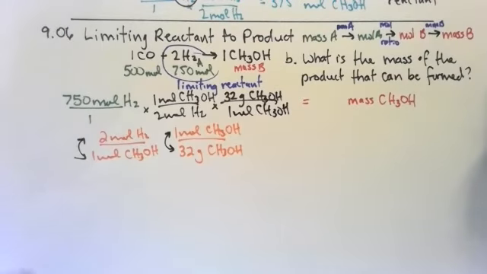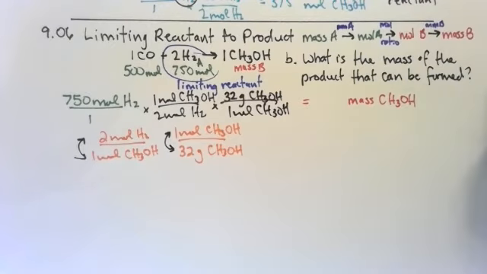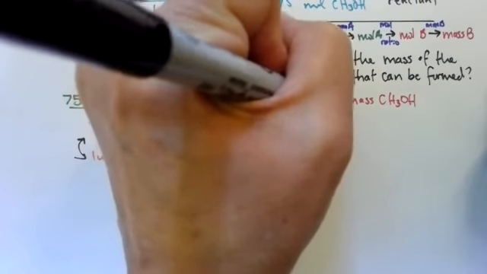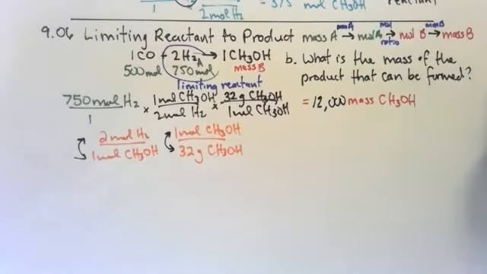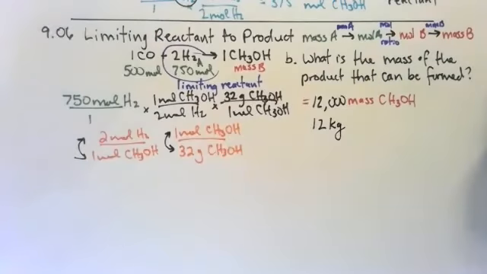When I multiply this, I take 750 times 32 divided by 2, and I get 12,000 grams or 12 kilograms of methanol. That's a pretty big number, but that's also a lot of moles. Okay, I'm going to go ahead and change the page. I'm going to pause it and I'll be right back.